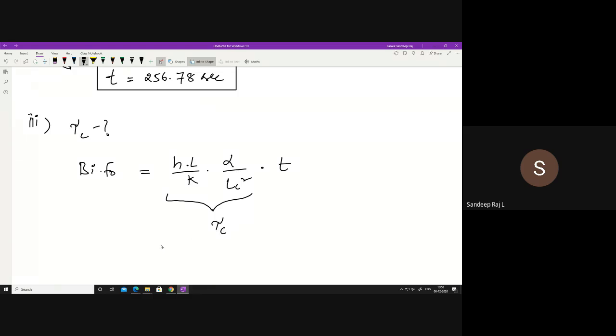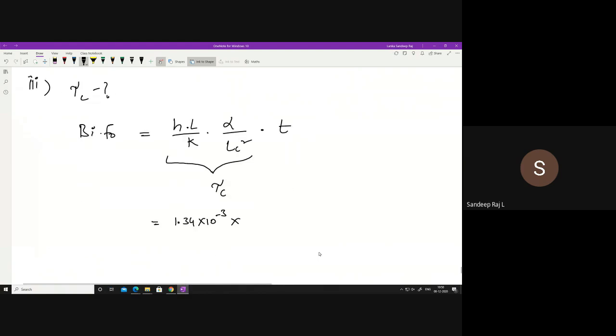Simply put, it is the product of 1.34 into 10 to the power of minus 3, and this alpha by LC square, which you have just found out, is 6.87 in the previous question. So tau c is equal to this. Tell me what tau c is. No, it's actually 1 by tau c.